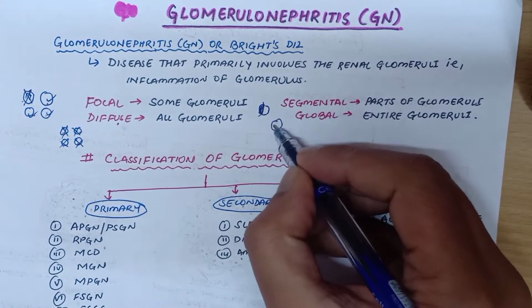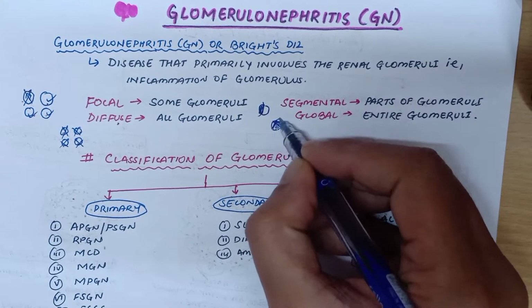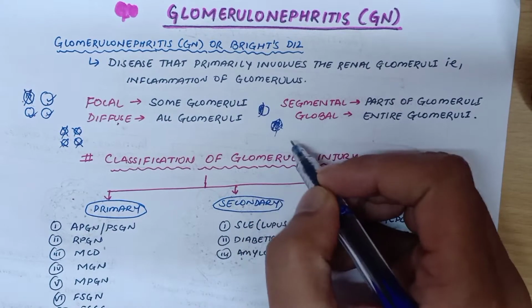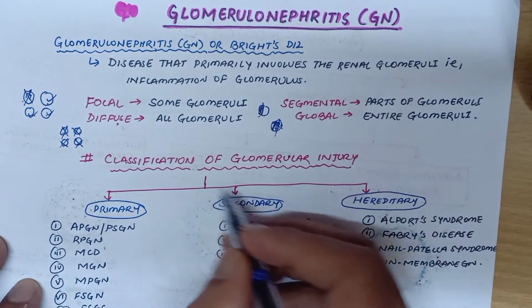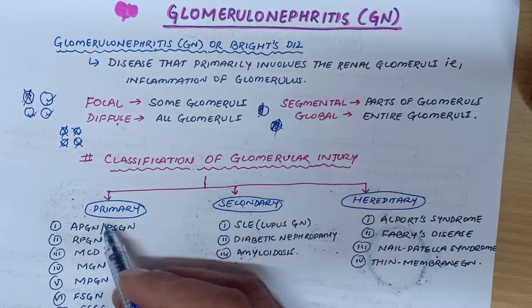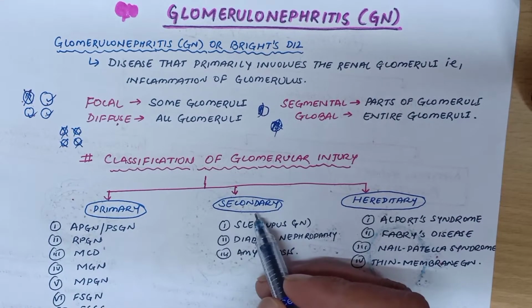Whereas in global, the entire glomerulus will be affected.